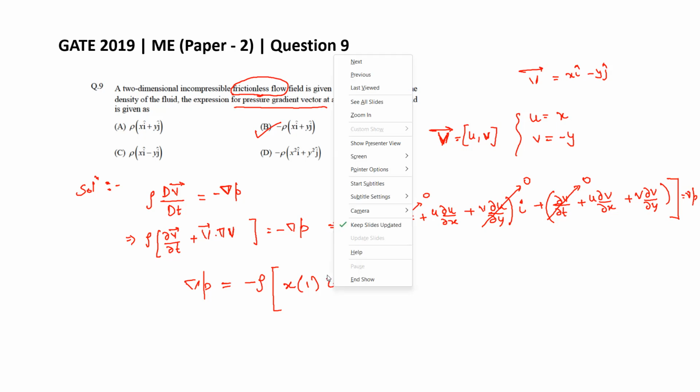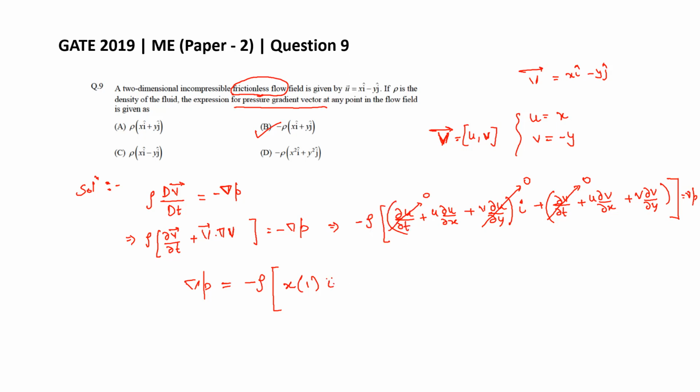So this is this times the i cap vector, plus, now again dv dx, since v is not a function of x, this also goes away. You have v times dv dy, where v is minus y, and dv dy will be equal to minus 1.